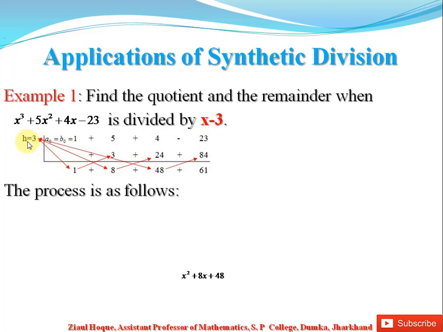Here h is equal to 3, a0 is equal to b0 is equal to the coefficient of x cube, which is 1, a1 is equal to 5, a2 is equal to plus 4 and a3 is equal to minus 23.